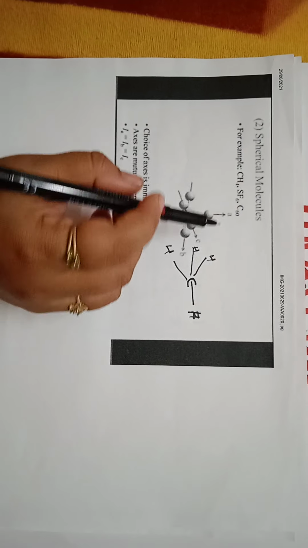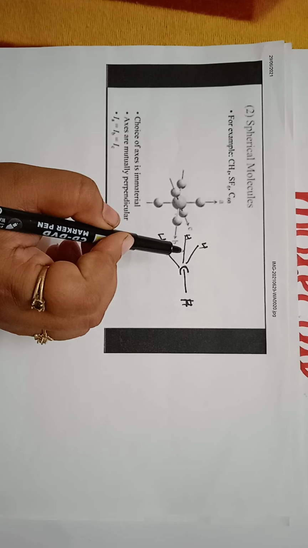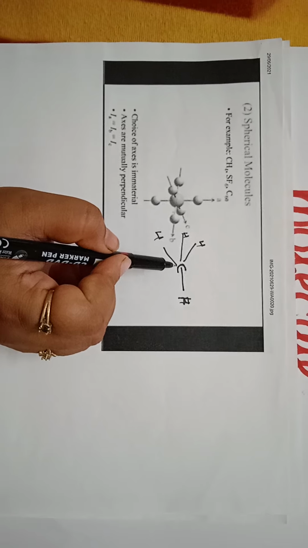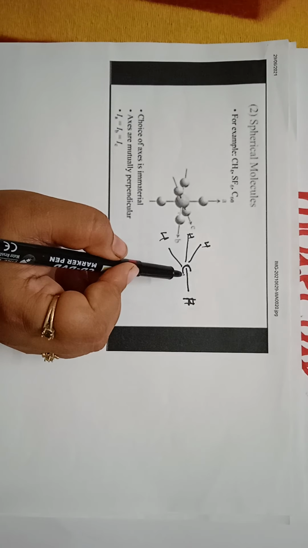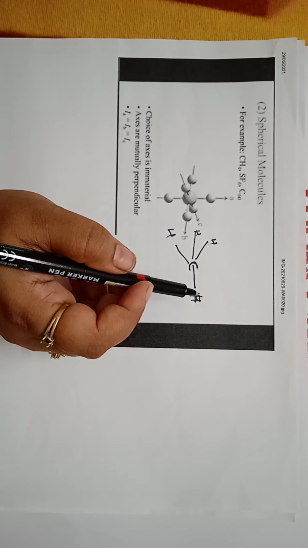Let us see, this is the spherical molecule. When a molecule has all three moments of inertia identical, it is called a spherical top.